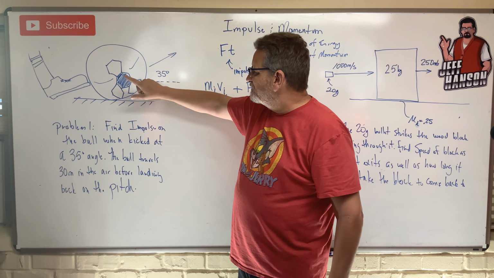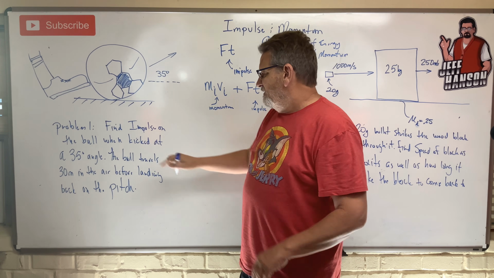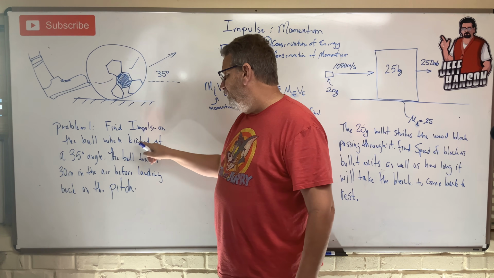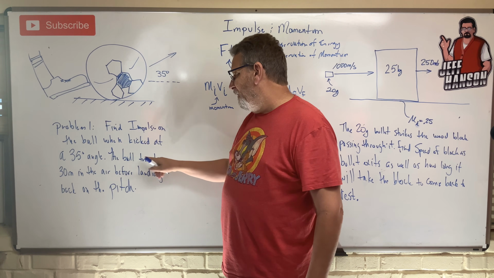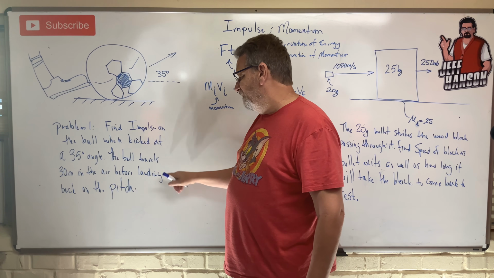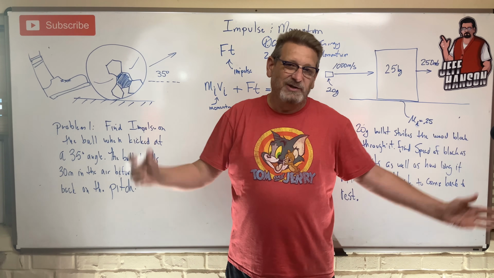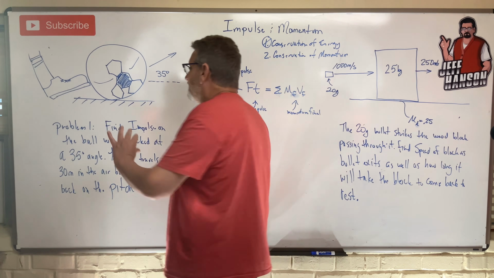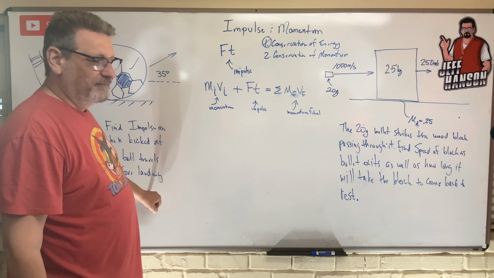Now we're saying here that this ball is going to leave at 35 degrees. So find the impulse on the ball when it's kicked at a 35-degree angle. The ball travels 30 meters in the air before landing back on, and I did that for you, I called it the pitch. We just call it the field here, but whatever. So, you know what that sounds like to me?